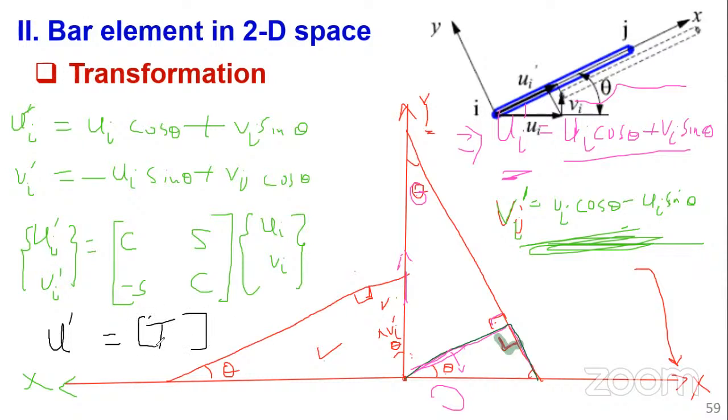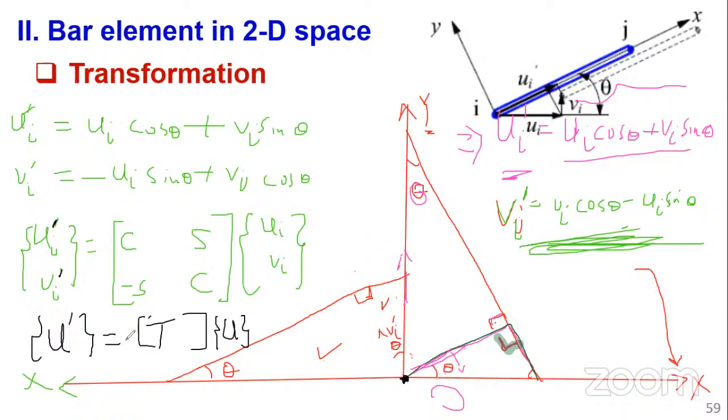Because it's a matrix, we've removed the prime, because the prime represents the local coordinate system. So we've transformed the displacement, the degrees of freedom, the unknown deformation quantities, ui prime, vi prime, from local to global coordinate system using a transformation matrix.